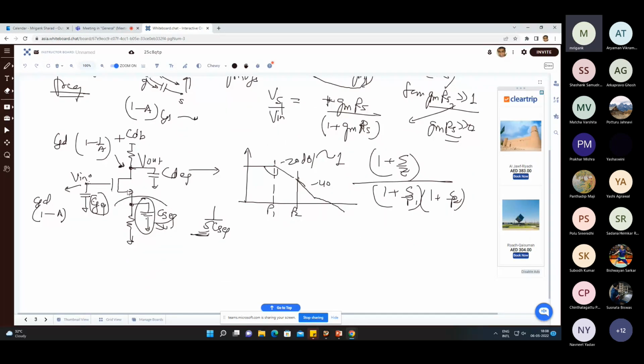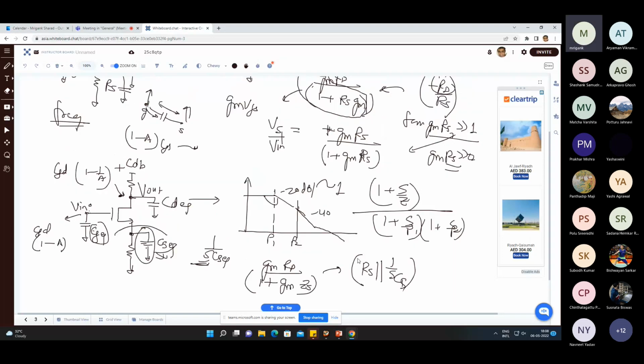If you find out what it is going to do, the gain is GM RD upon 1 plus GM ZS, and in this ZS you will need to include RS parallel 1 upon SCS, and that will come in the numerator, right?